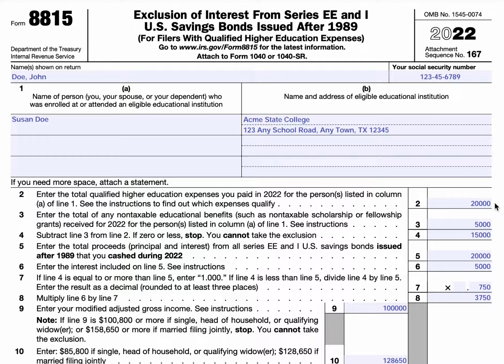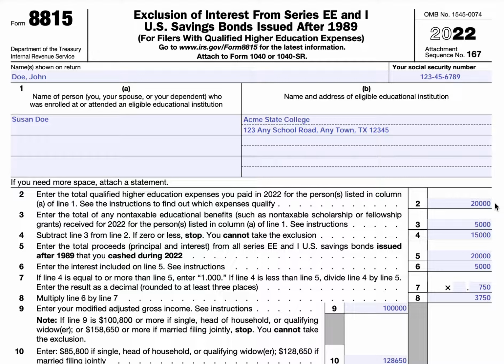So the form instructions go into a little bit more detail on how you can determine qualified education expenses. But basically, anything that you came out of pocket for that wasn't offset by some other outside source, like scholarships and things of that nature, and costs that you didn't already take a tax credit for elsewhere.